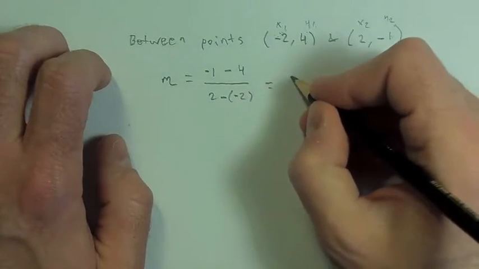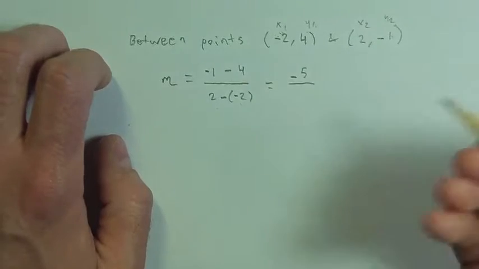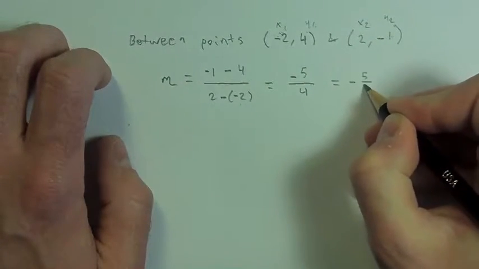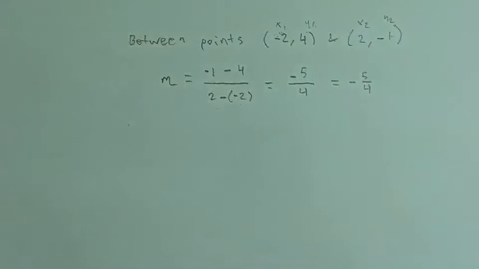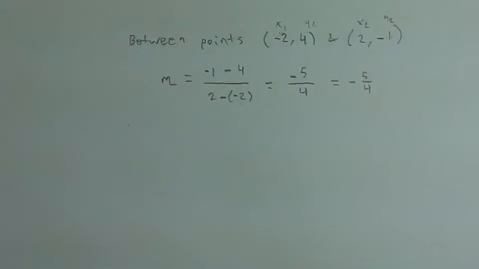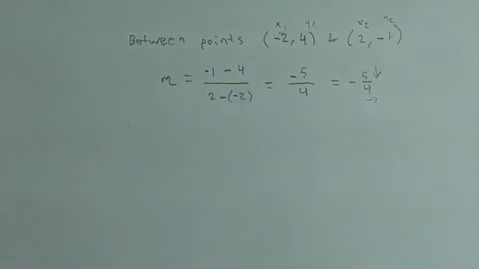So what we're going to end up with here is a -5 over 2 plus 2. So we get -5/4. Okay, so that isn't the friendliest slope in the world, but we can still work with it. What this means is as we go out 4, we're going down 5.